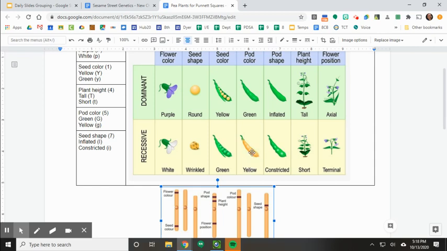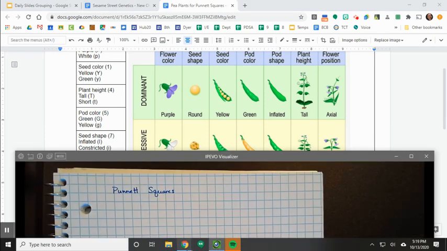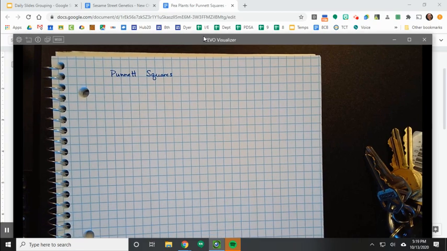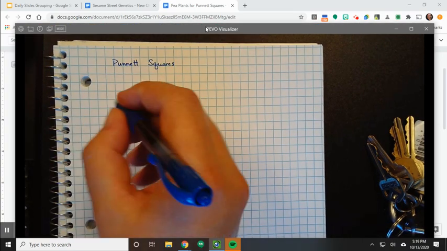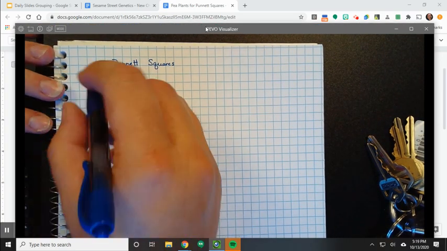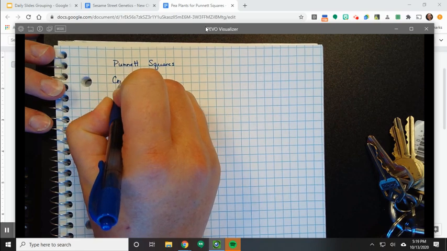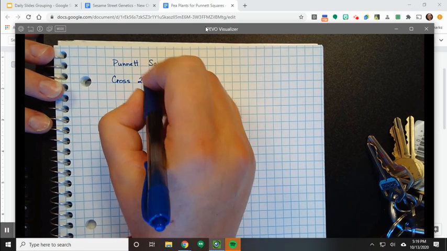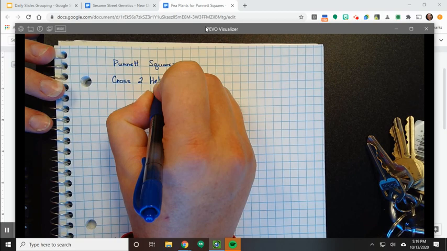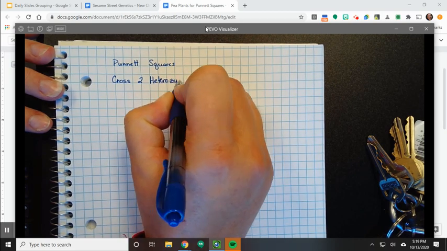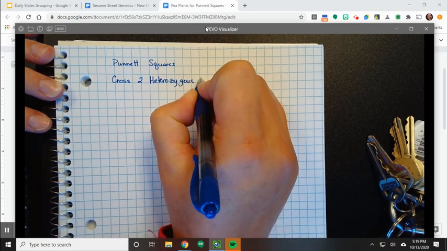So I'm going to draw, let me switch back over here, what this might look like if we were to cross 2 heterozygous pea plants.